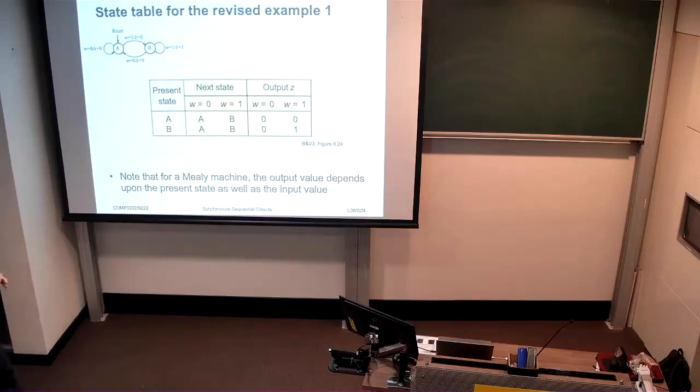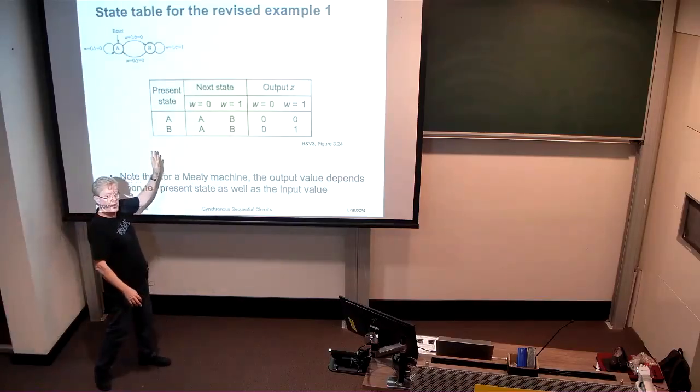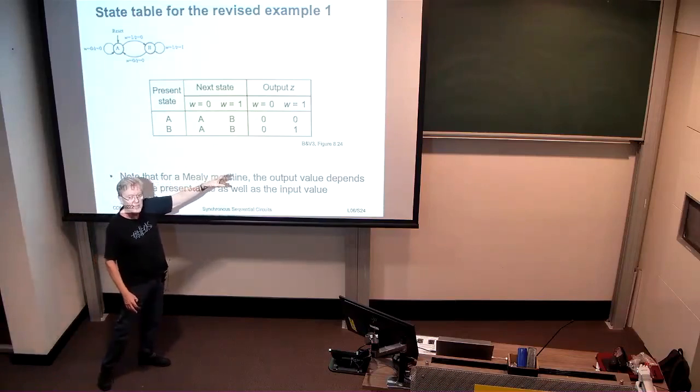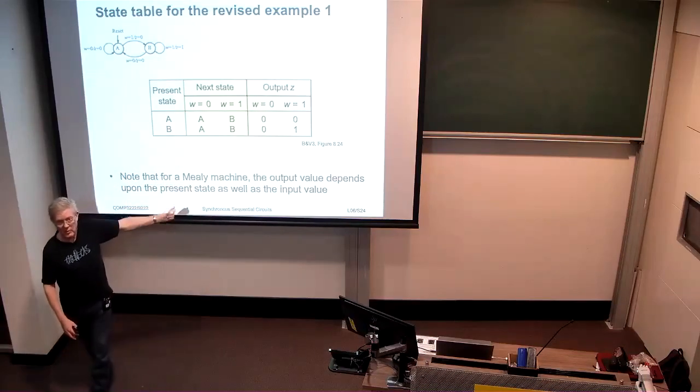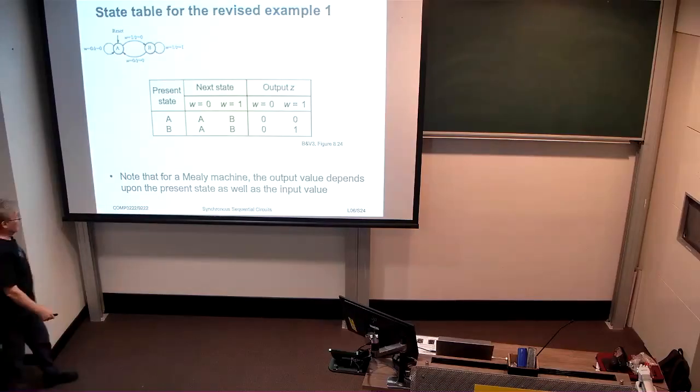So in contrast to a Moore machine, where the output is only a function of the present state, for a Mealy machine, the output is a function not just of the present state, but of the current input as well. Right? So we've got our state table.